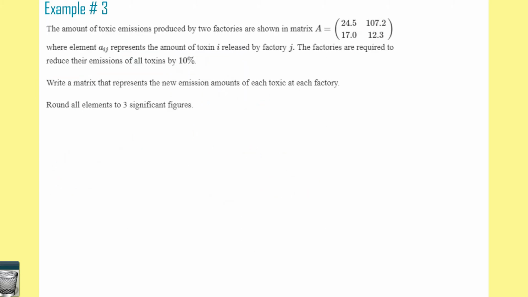Okay, example 3, another word problem. In this problem, we have our toxic emissions, and we want to reduce them all by 10%. That means instead of having the original 100%, I want 10% less than that, so I want 90% of the original.